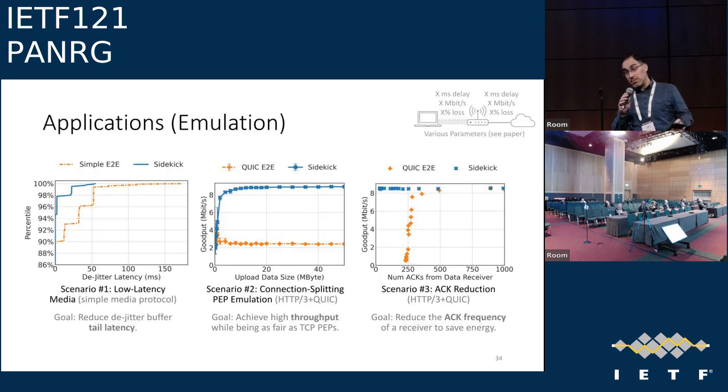And here are some measurements in emulation where you can see the performance benefit of doing this kind of thing. In the middle graph, you can see a throughput benefit for an upload over HTTP3 of various sizes. And here the sidekick assistance is very valuable to something like QUIC.